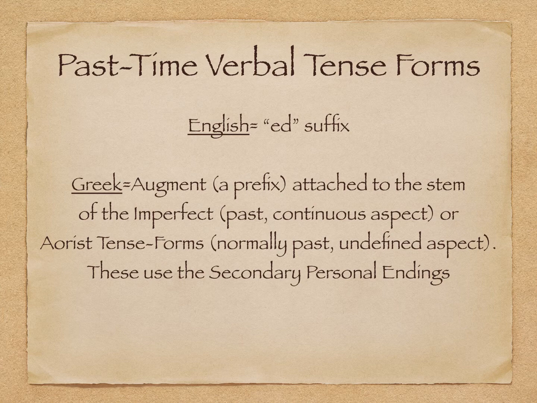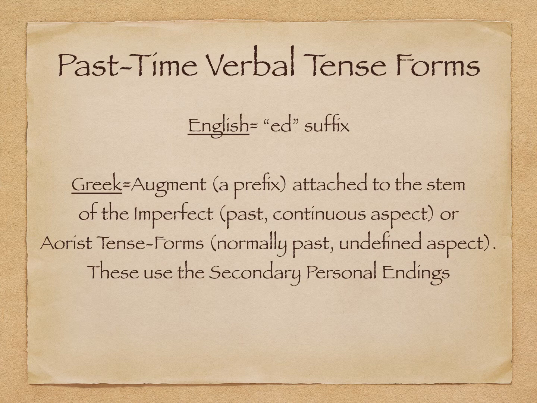But there are two past time verbal tense forms, and these we know of by the prefix that Greek attaches to the word. In English, we use the -ed suffix. In Greek, there's a prefix, so just think of it that way. There are two past time verbal tense forms, the imperfect that we'll look at here in chapter 21, and then we'll look at the aorist in chapter 22, and then later in the textbook as well.